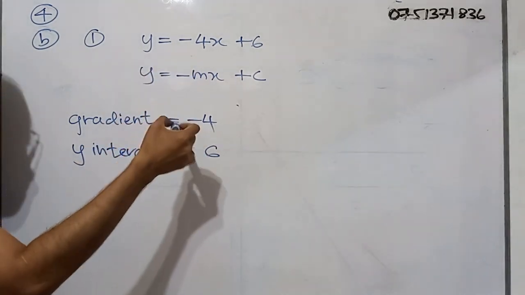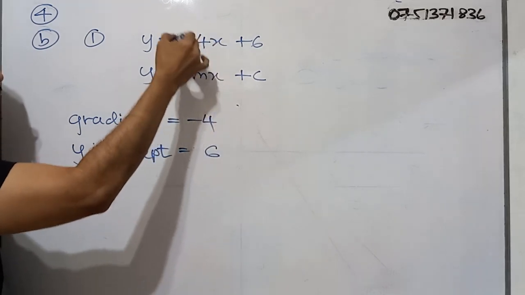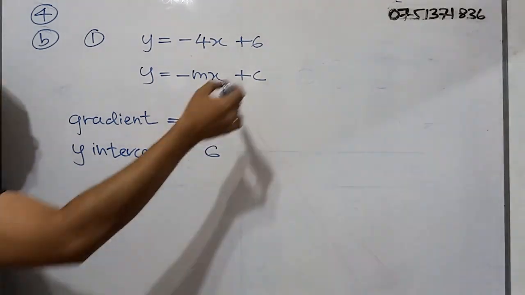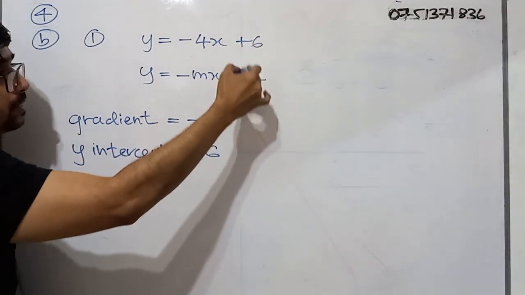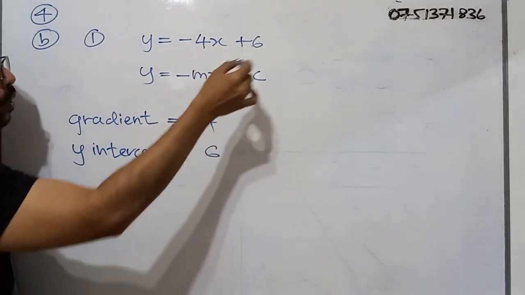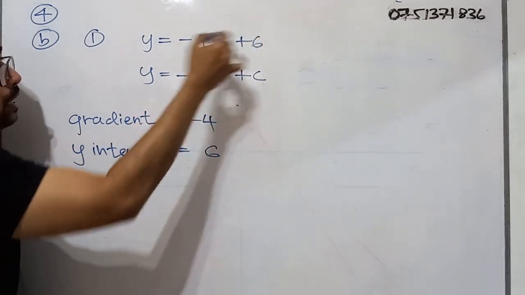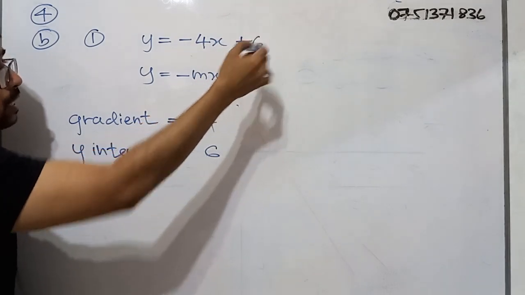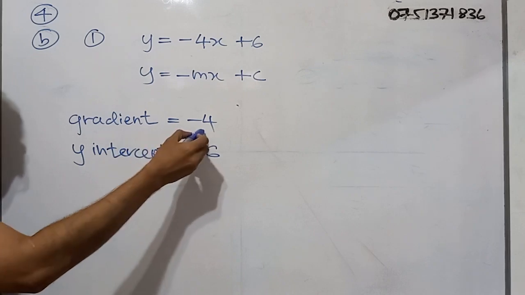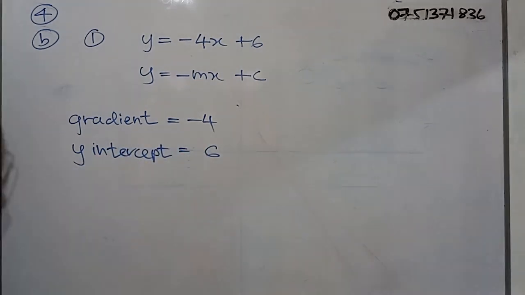Right? So what is the gradient? Gradient is negative 4. And here we have c, which is what? Y-intercept. So if we consider this equation, what's the y-intercept? Positive 6. So gradient is negative 4, y-intercept is positive 6.